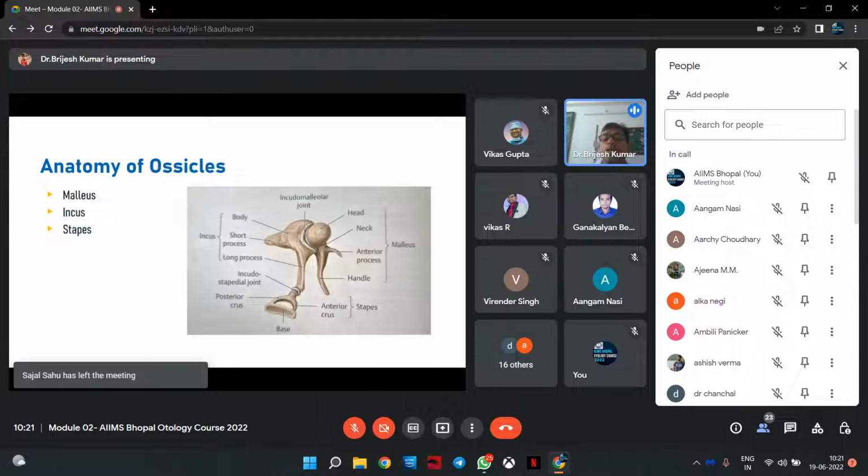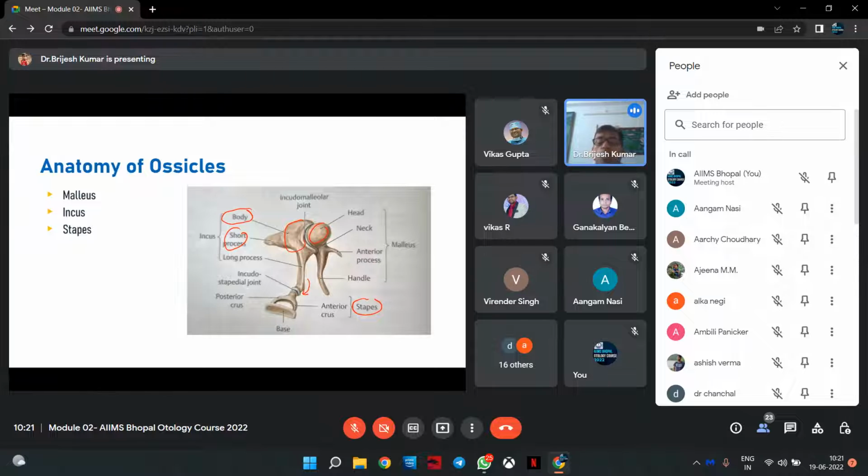The head of the malleus articulates with the body of the incus. So parts of the incus are the body, the short process, and the long process. The long process lies parallel to the handle of the malleus, and its lower end turns medially to articulate with the head of the stapes bone.